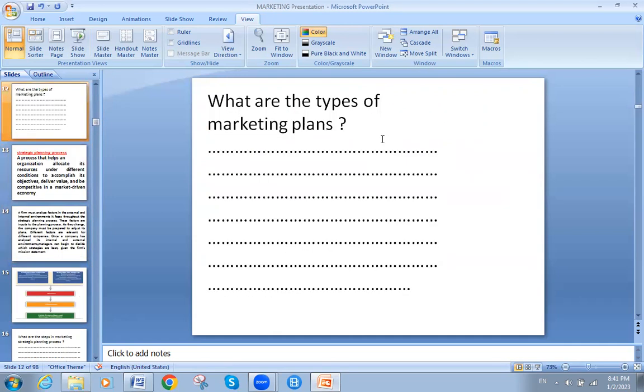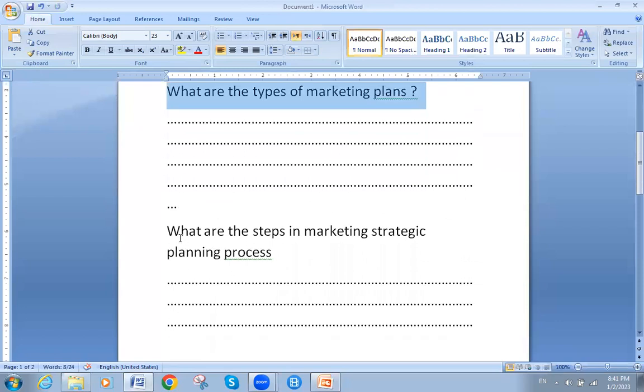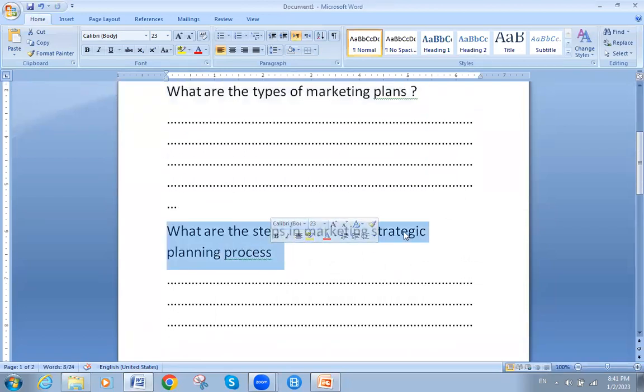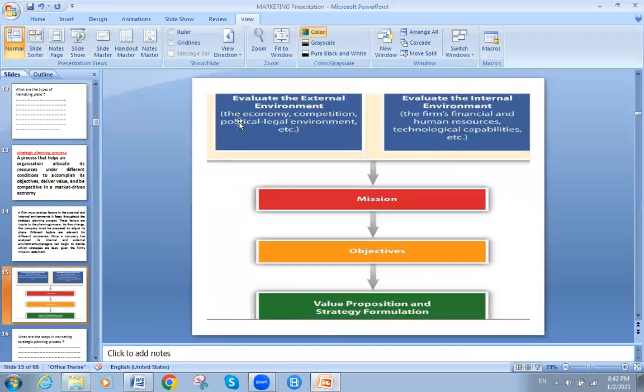Then we moved also to the third question in this lecture, which was what are the steps in the marketing strategic planning process? And the steps are summed up here. You have to look out to know where you are. What is the environment around you? The external and the internal environment by which you are working.